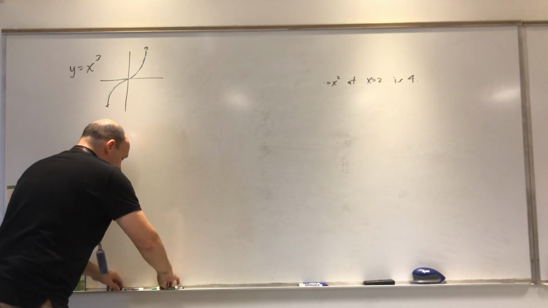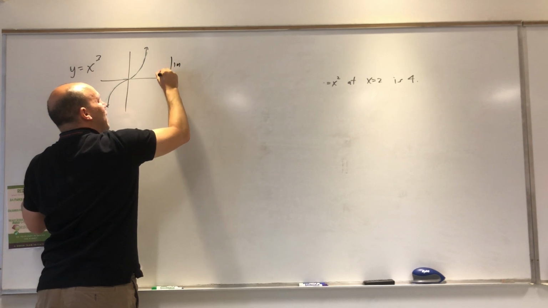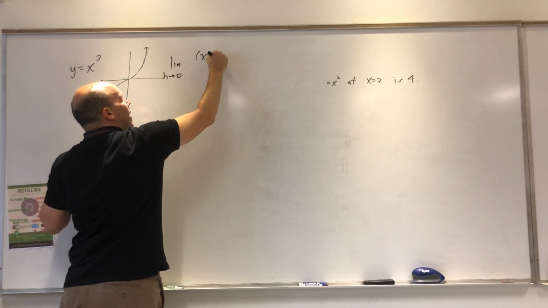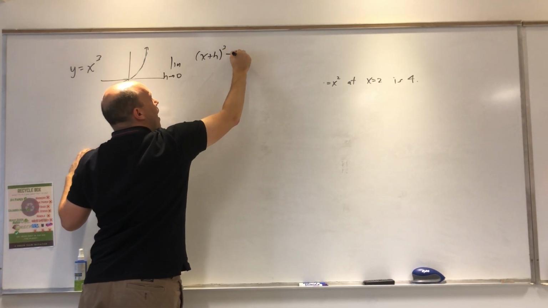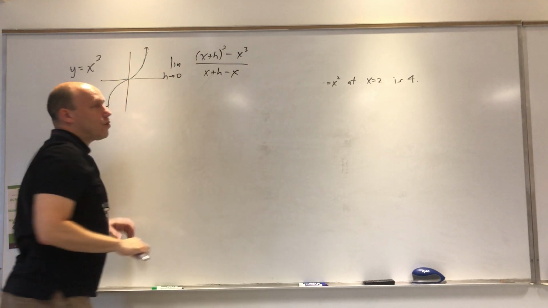Right? So I use the formula. I say the limit as h goes to 0 of (x plus h) cubed minus x cubed over (x plus h) minus x.